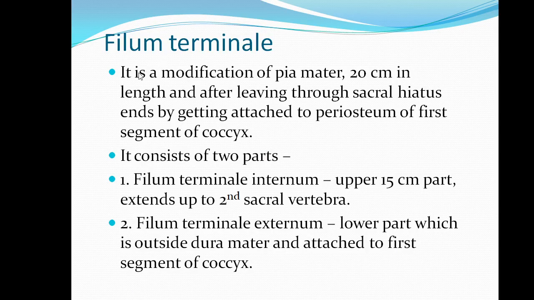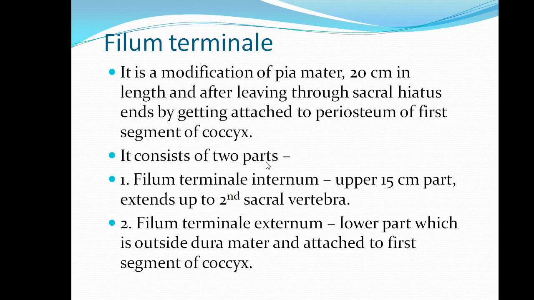Filum terminale. It is a modification of pia mater, 20 centimeter in length, and after leaving through the sacral hiatus, it ends by getting attached to the periosteum of the first segment of coccyx.